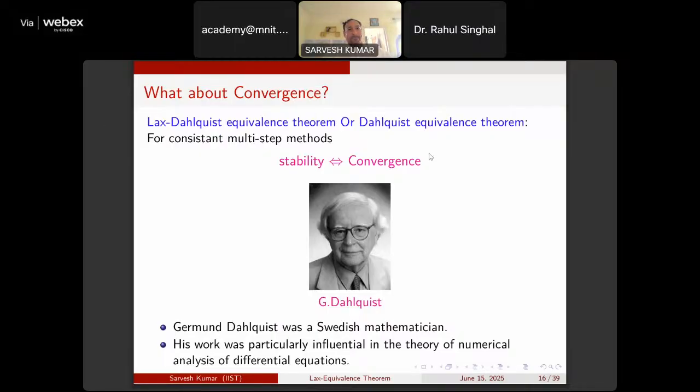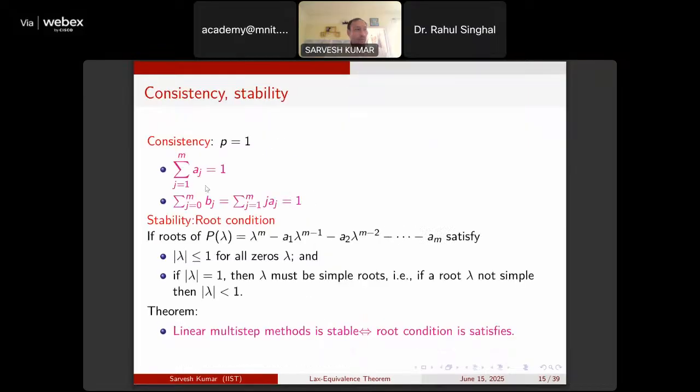So if you have a consistent multi-step method, how do we check the consistency? That is just through this one. If you have the numbers a_i and b_j, and they satisfy this, the scheme is consistent.